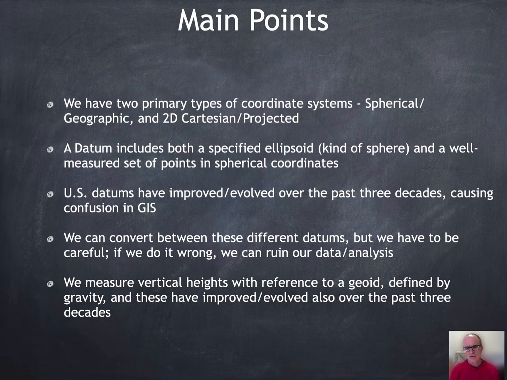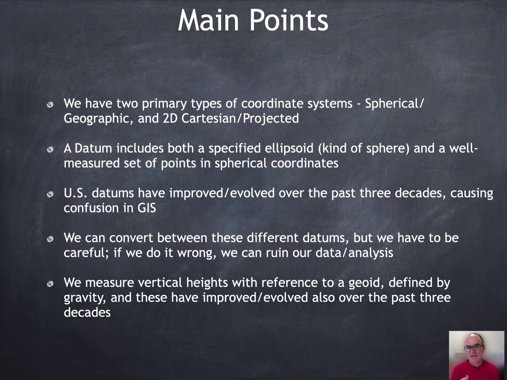That's horizontal locations. Vertical points we measure with reference to something called the geoid. We don't use mean sea level. This geoid is kind of like mean sea level, but it's not really. We used to use mean sea level, but there are issues with that I'll talk about later. And so we use heights relative to this geoid, which is defined by gravity. And these geoid or gravity surface measurements have improved over the last 3 decades.